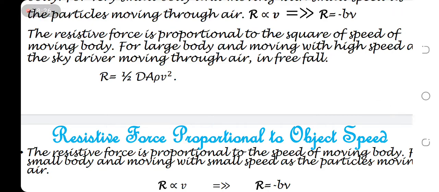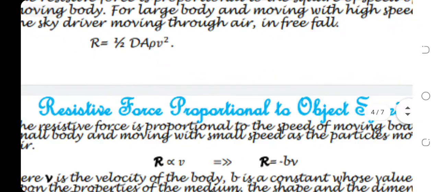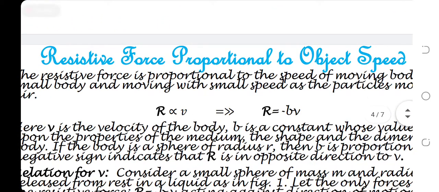We see the relation in which 1/2 D A rho into v squared. 1/2 D A rho are the constants and v is the velocity, that is a variable. So, we know about the resistive force proportional to the object speed.